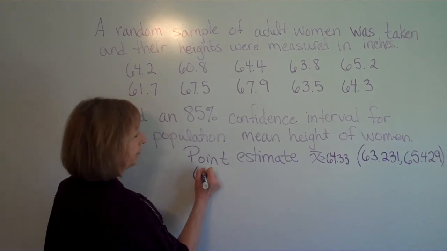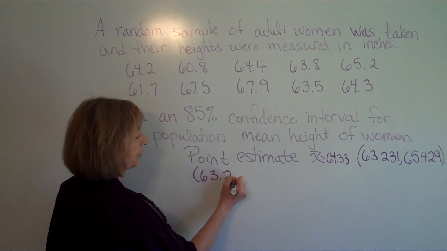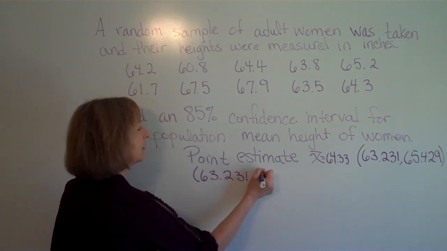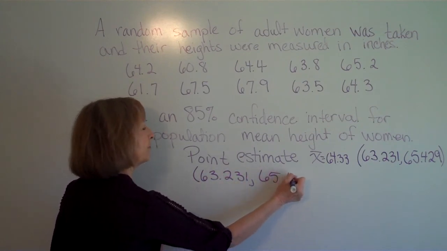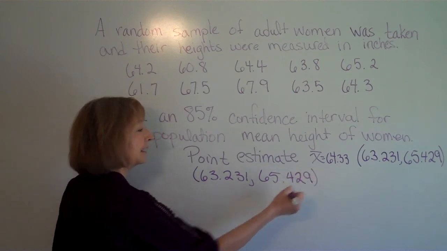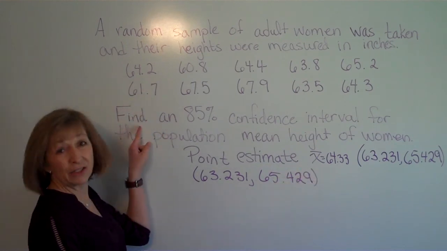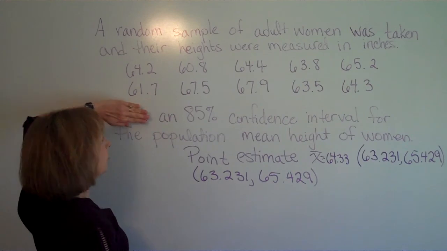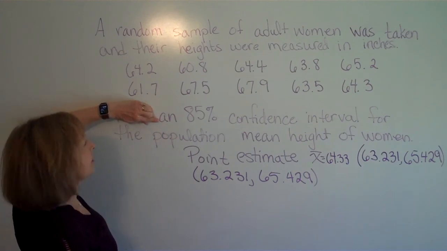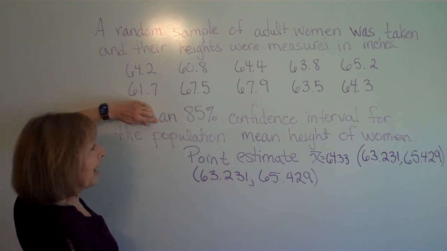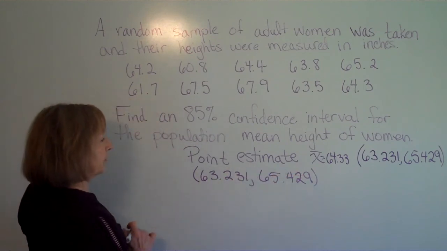So we have our interval is 63.231 to 65.429. And then to write our sentence, we really just take the question, take off the word find, capitalize the first word after that, and fill in with our numbers.